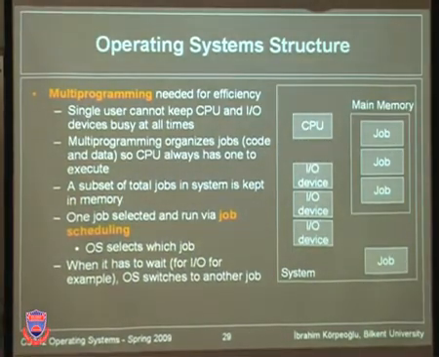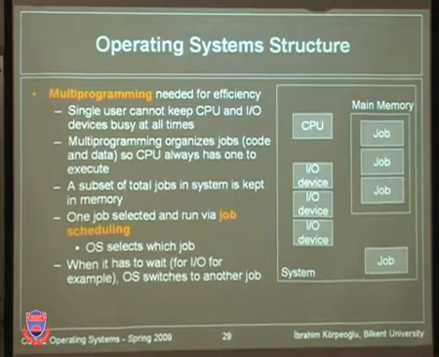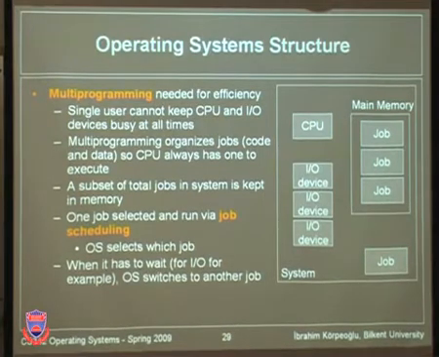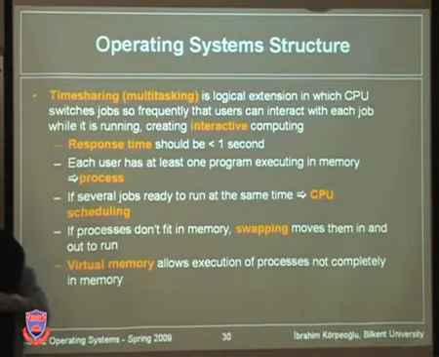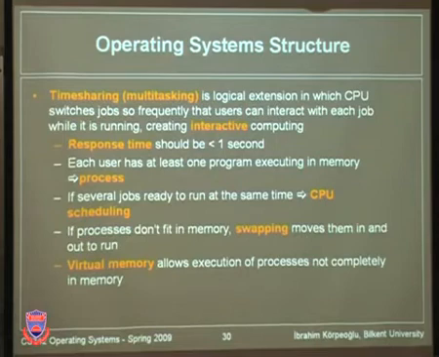So multiprogramming is good, and it's enough for non-interactive applications, but you have to have time sharing support and multitasking support in the operating system as well, which requires the CPU to switch between programs so fast that those programs can be interactive programs, and the user will have a small response time.